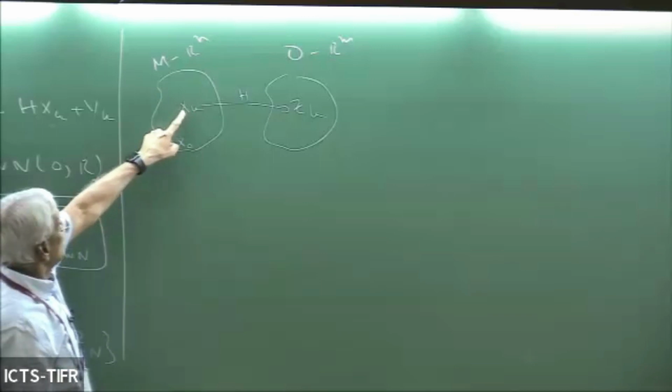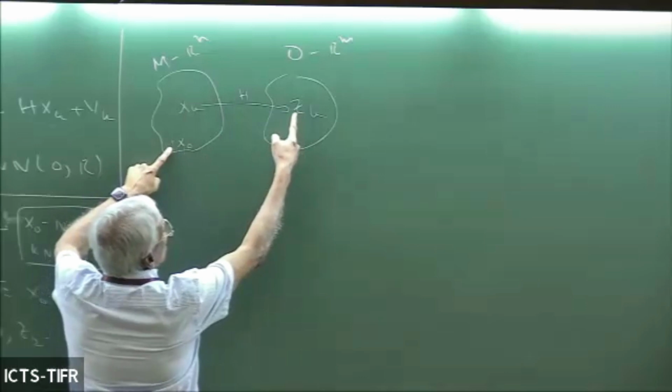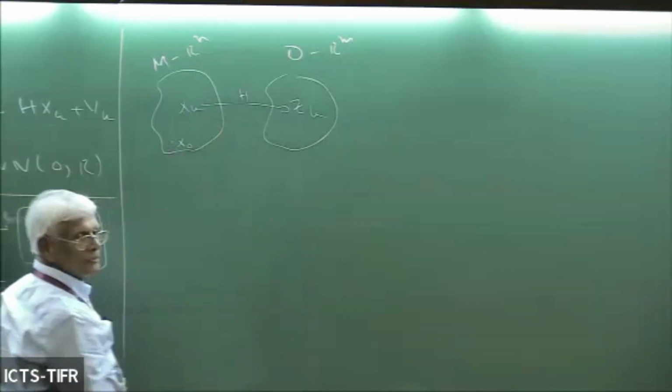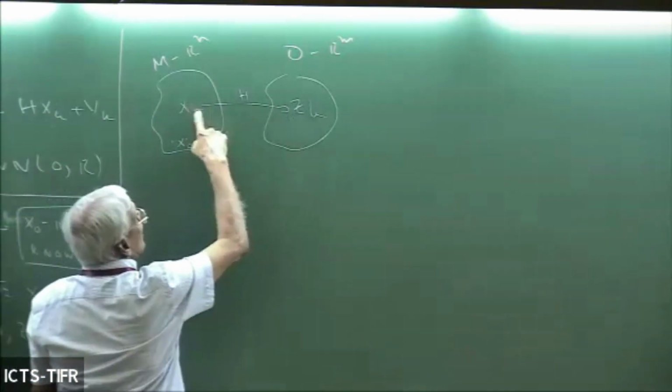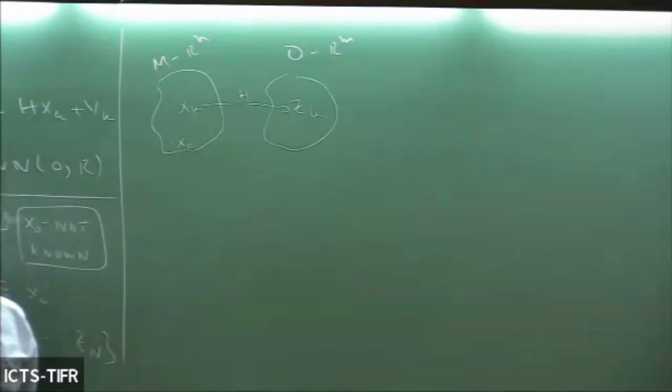So zk contains information about this, and this information is contained in here. From here to here, I use H. From here to here, I use the model. It is trying to squeeze the information contained in the observation about the unknown.